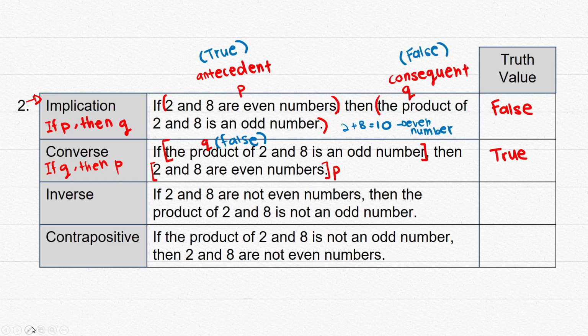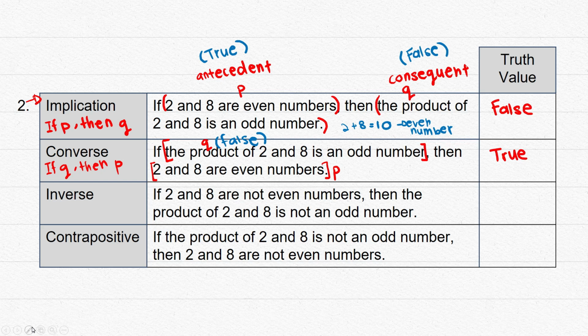What does rule number 1 say? Rule number 1 says that if the antecedent is true, then the consequent needs to be true for the implication to be true. Rule number 2 says if the antecedent is false, then the whole implication will be true. You need to determine step by step.